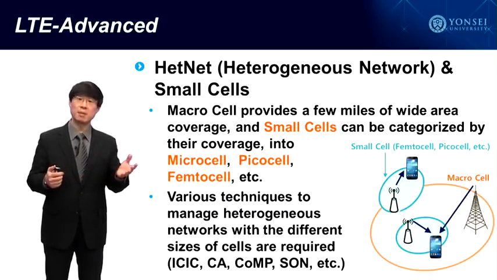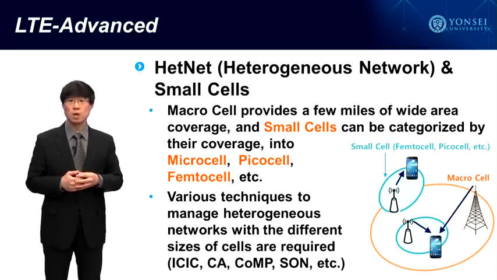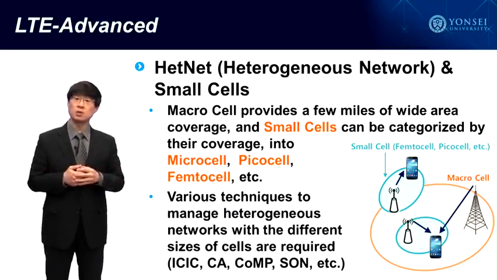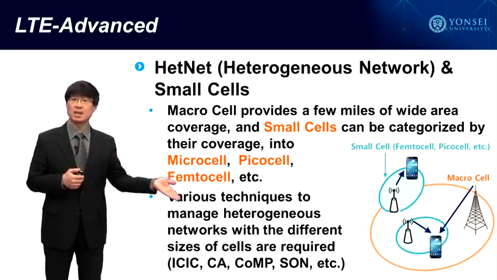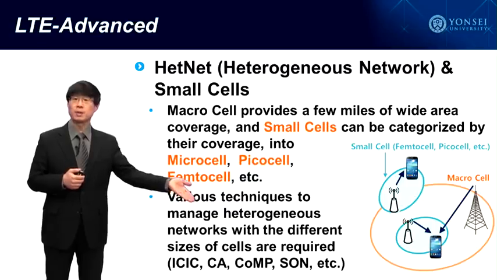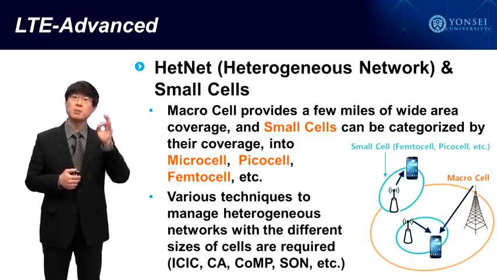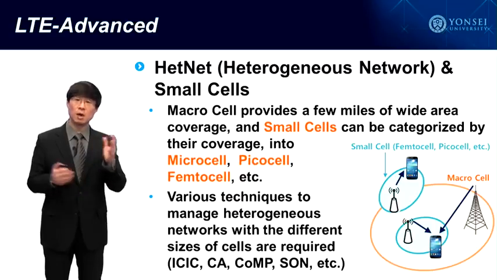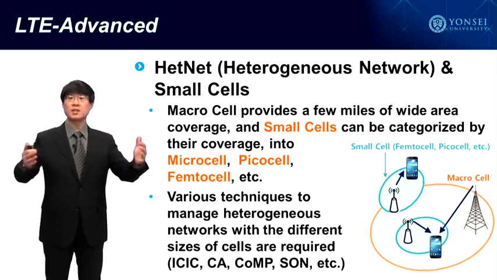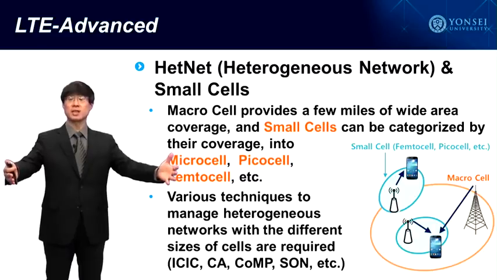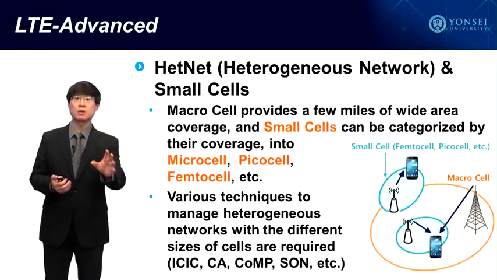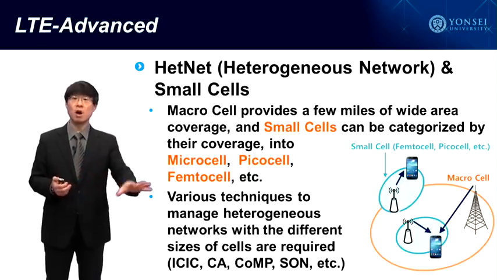Various techniques to manage heterogeneous networks with different sizes of cells are required. And what techniques do we use? Well, IC, carrier aggregation, COMP, SON, these are the techniques that we will use. The concept of heterogeneous network comes from the fact that in the cellular range where the macrocell exists, there are not only macrocells, there are microcells, picocells, and femtocells all existing.